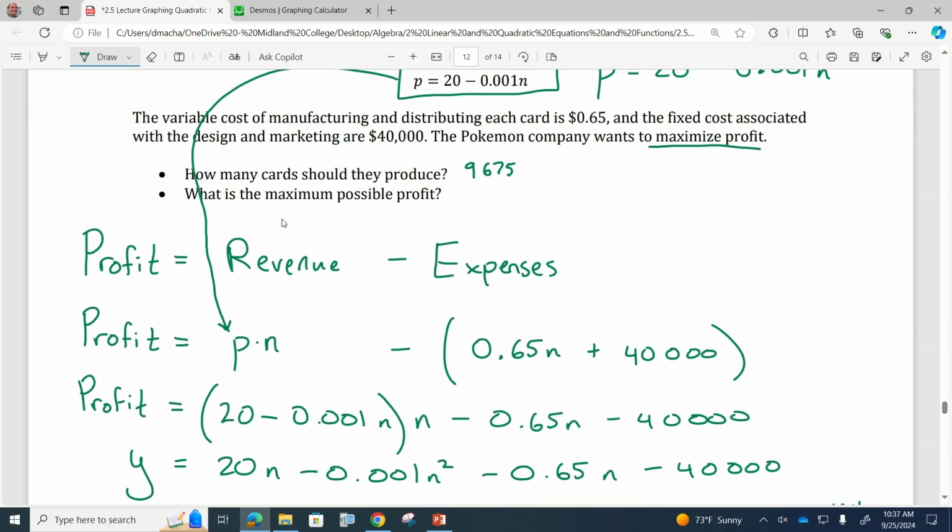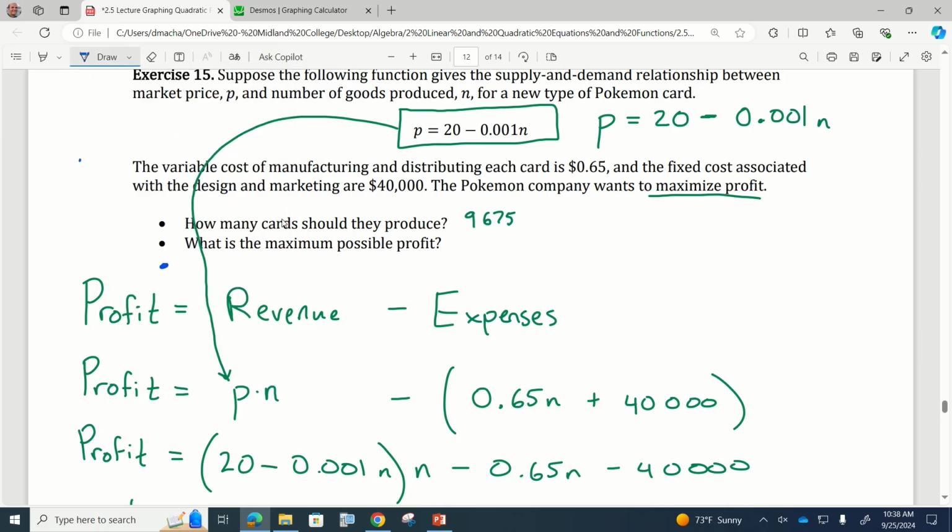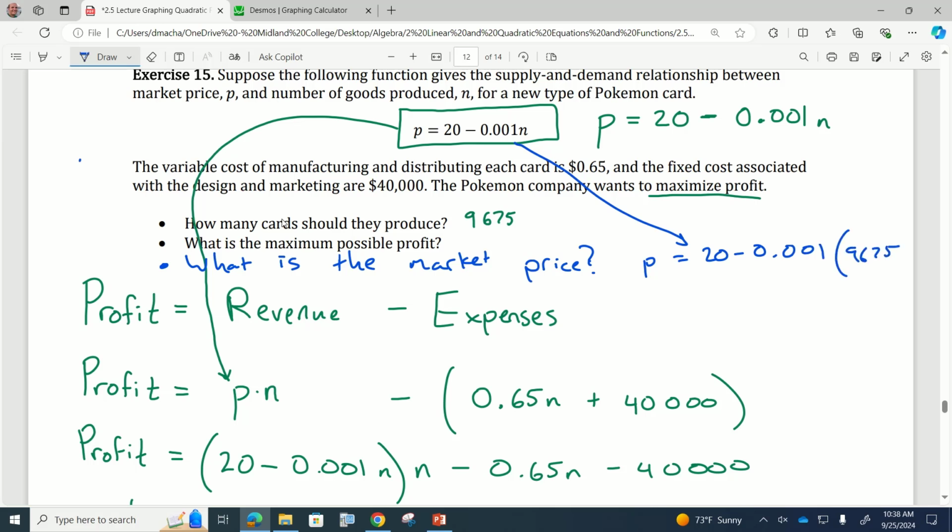Another question I could ask is, what is the market price? And to find the market price, you would use this, right? You'd do 20 minus 0.001 times 9,675. And that is 10.33.